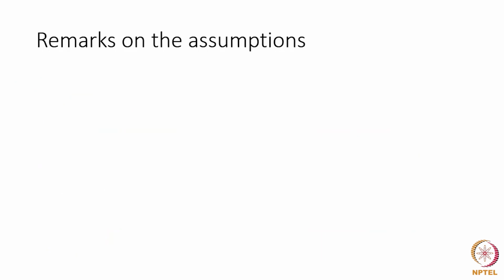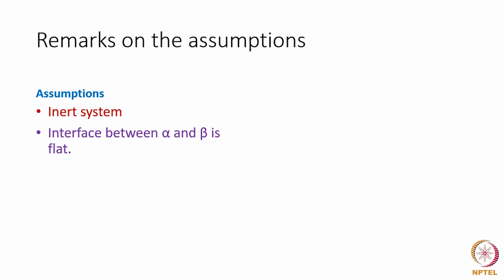Now some remarks on the assumptions that we have made. We have assumed that the system is inert and the interface between alpha and beta is flat. So why did we make these assumptions at all? We don't see any reason why we have used these things at this moment. But I just want to make a remark that there is a condition for reaction equilibrium, which is a separate condition which we will be deriving in a next lesson.